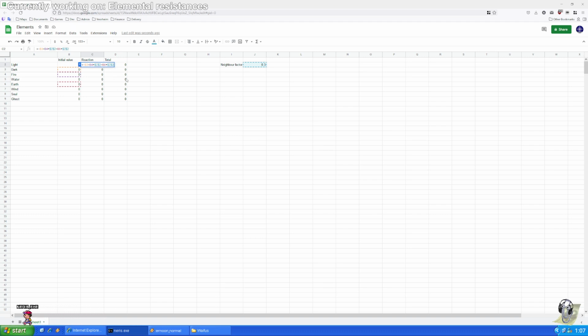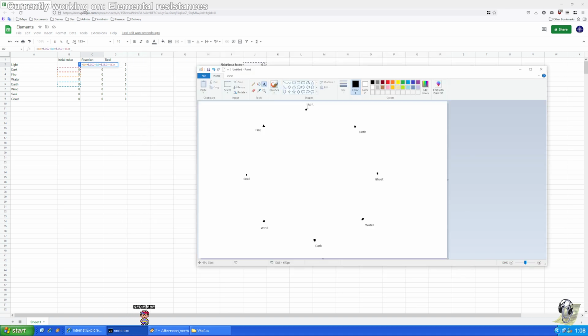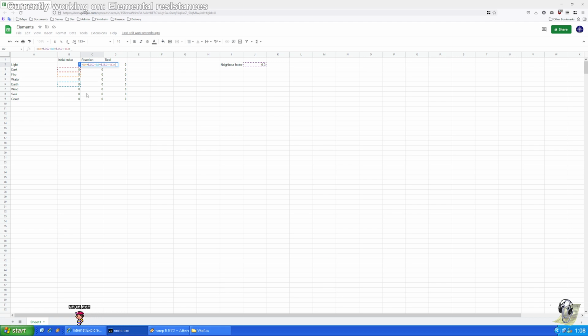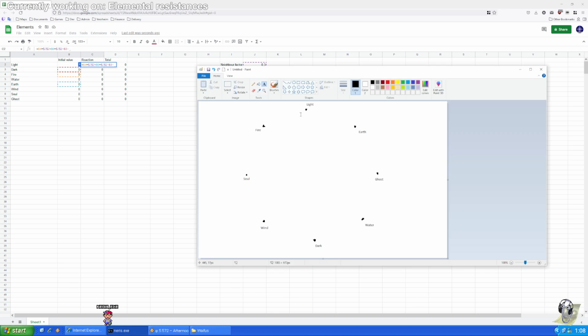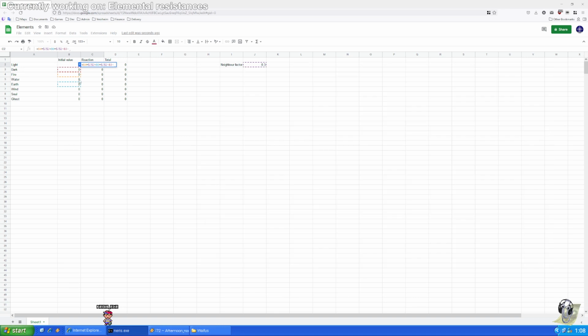Then actually let me move this away. So minus direct opposite, and then it's gonna be neighbors opposite. So water and wind plus, no, minus. Oh my god, this is so stupid that I cannot select what I'm doing. So minus that, minus water and wind.